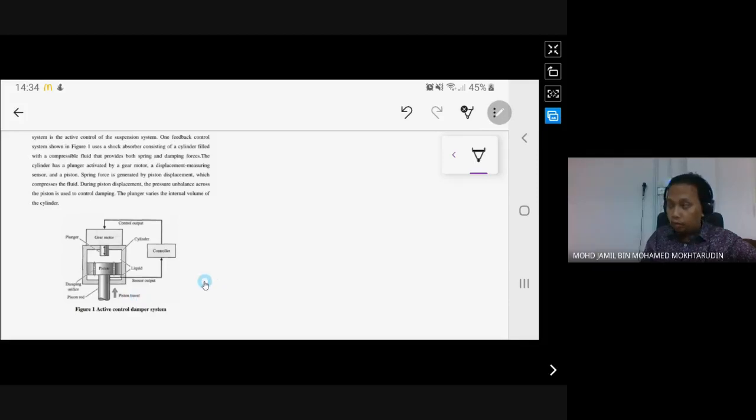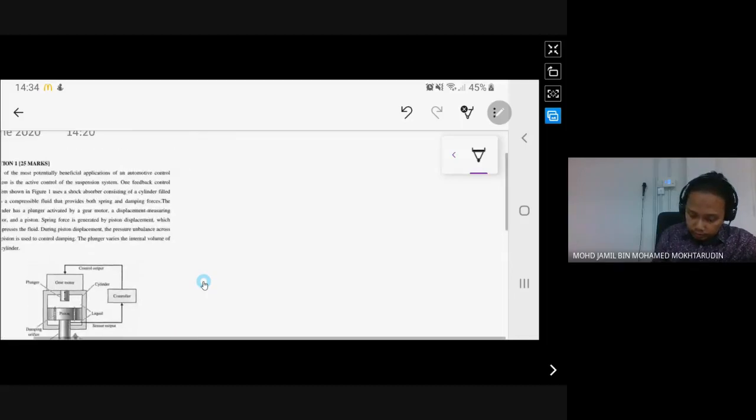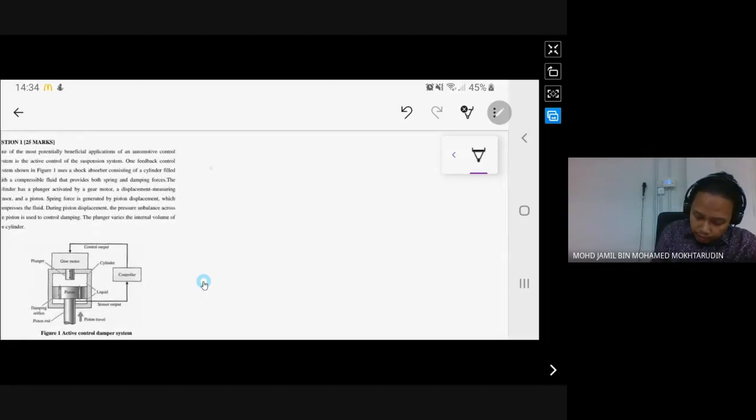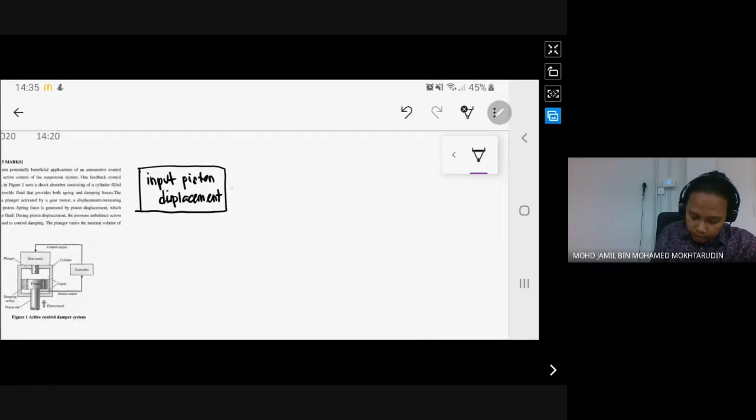So when you have identified all the elements, then you can draw the block diagram. So we start with the input. The input will be input piston displacement. And then followed by a signal, and then going through a summing junction.